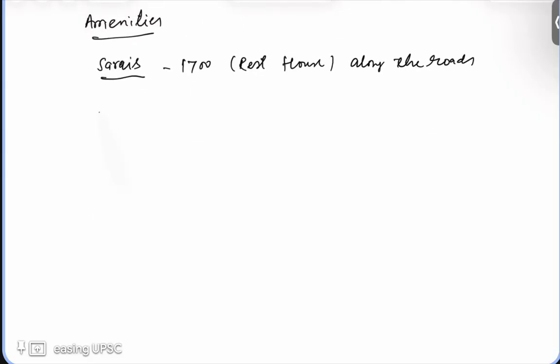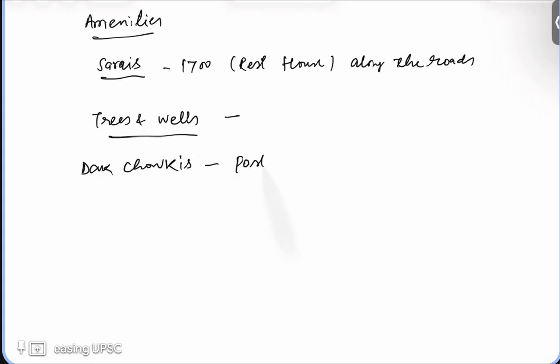Then trees and wells: he planted shade trees and dug wells at regular intervals. Then dak chowkis. These sarais also served as post offices, dak chowkis, allowing news to travel quickly across the empire.